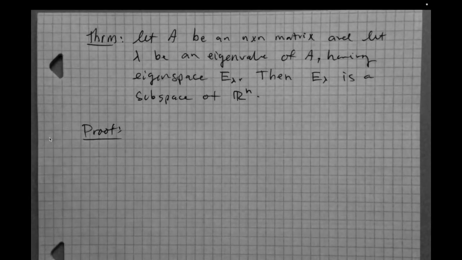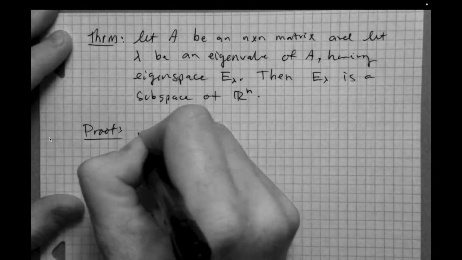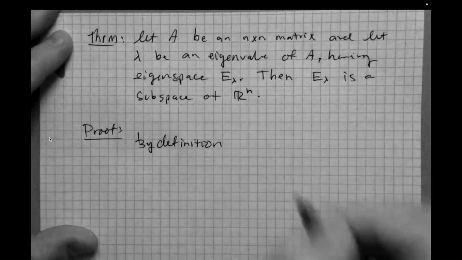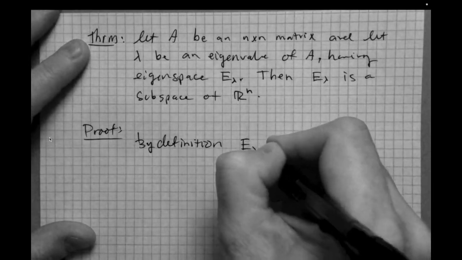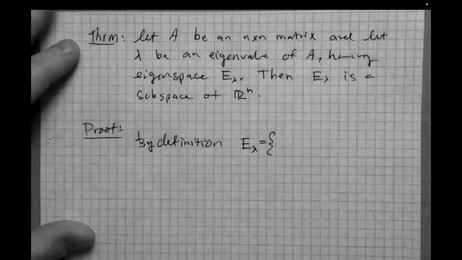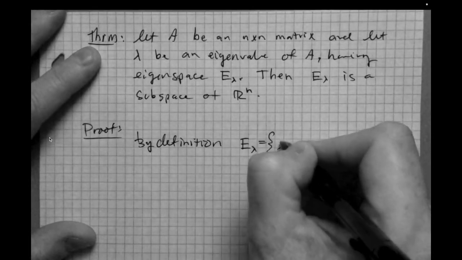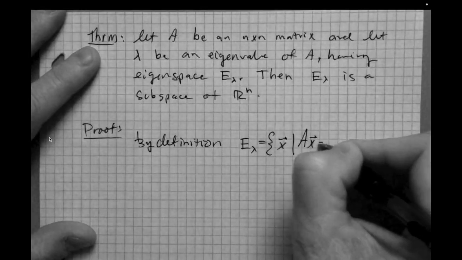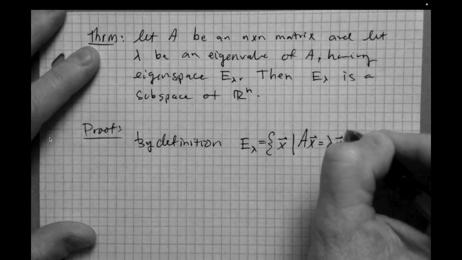So by definition, what is E lambda? If you can't remember, you could go look, but it's basically the set of all vectors x such that A times that vector is equal to lambda times that vector.